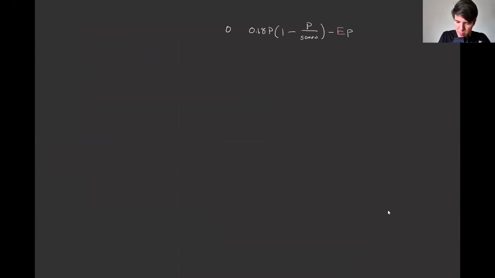And we want to set that equal to 0. So now when you rearrange it, do the algebra, you get something like this: p squared plus 0.18p minus p times e.